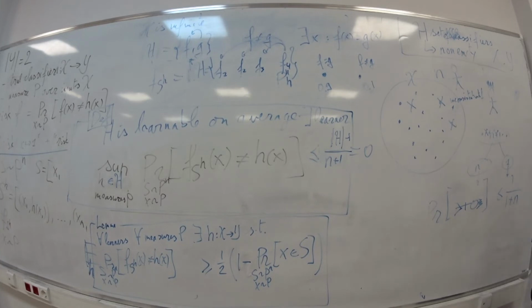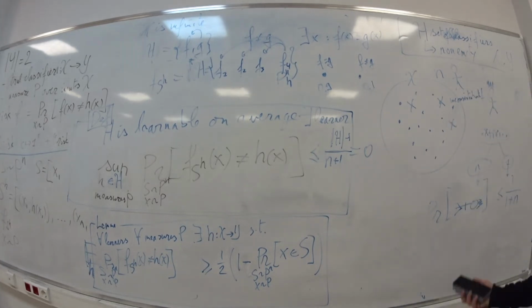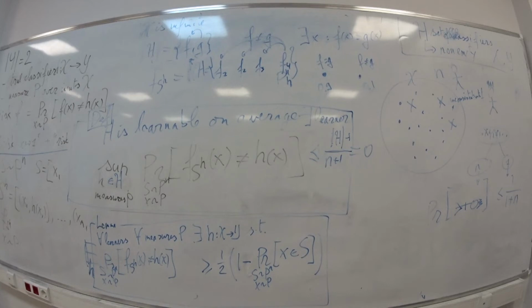Okay, and so I promised you in the course that we would explain this. The perceptron algorithm finds some plane and the SVM algorithm finds the optimal plane.